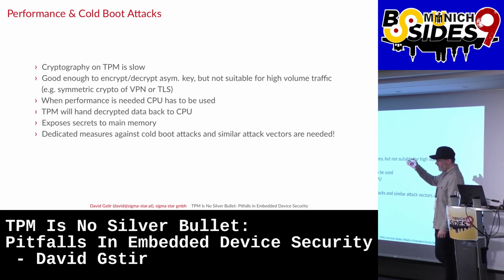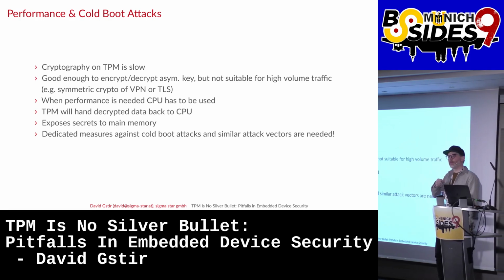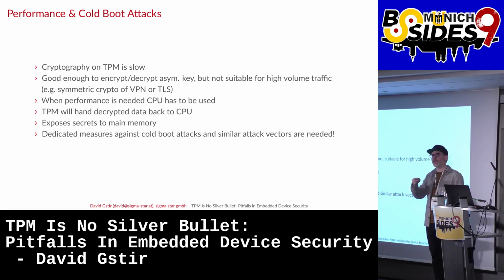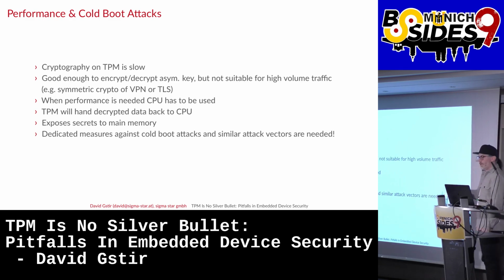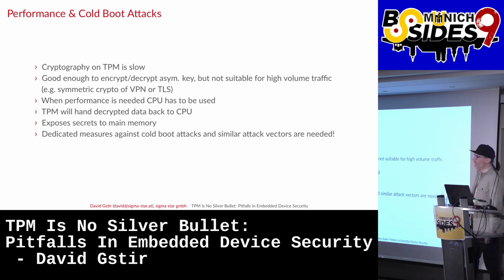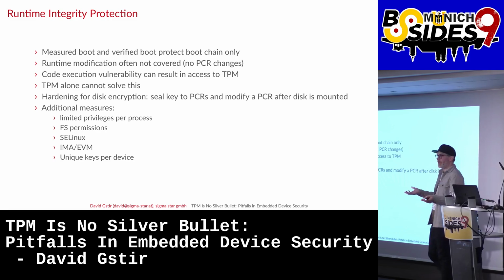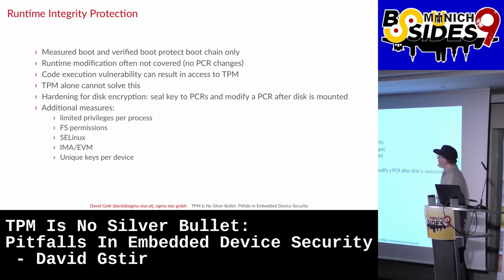You boot up your device. Initially you enter your PIN. The TPM will decrypt the key, and then your kernel will load the key into main memory, and then it will stay there because you need it when you write to the disk or read from it. So you need to add and think of dedicated measures against cold boot attacks. Otherwise, the TPM will not do that for you. You will need to handle that extra.